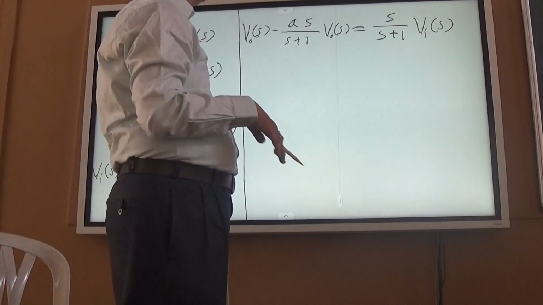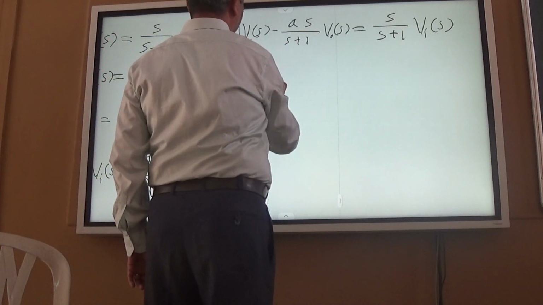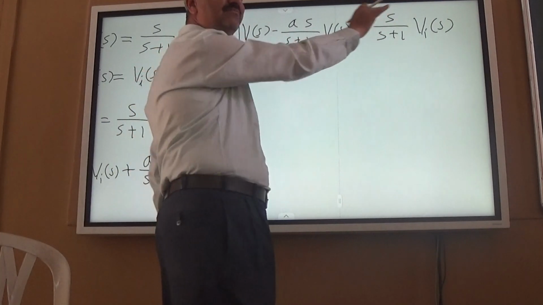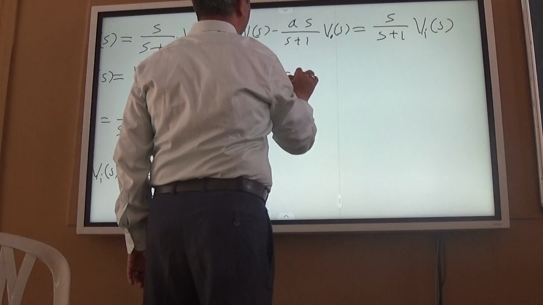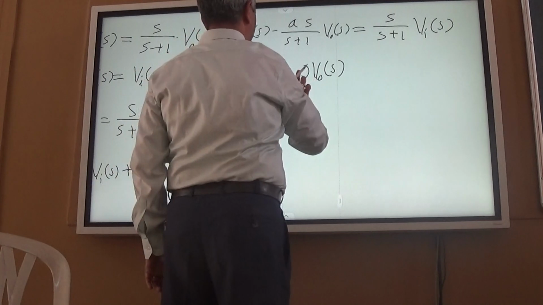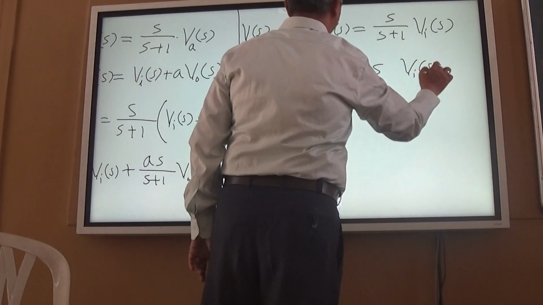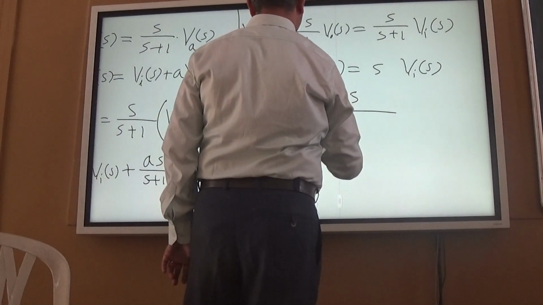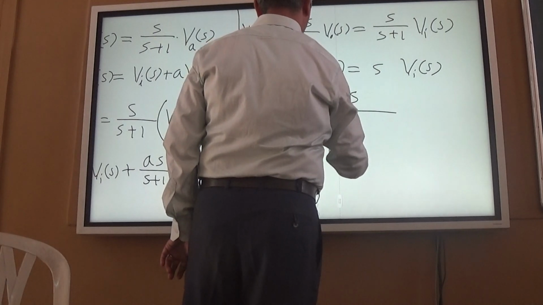So what is the better method? Multiply it on this side. So VoS into bracket, or sometimes multiplying each term by S plus 1 may simplify. So S plus 1 minus A minus AS, VoS is equal to S times V in S. So VoS is equal to S upon, how do we write?